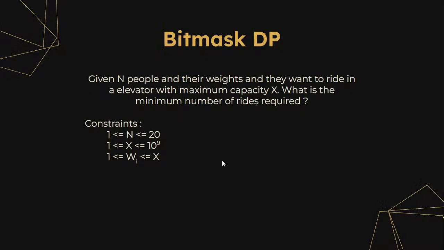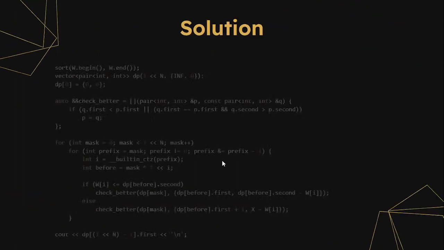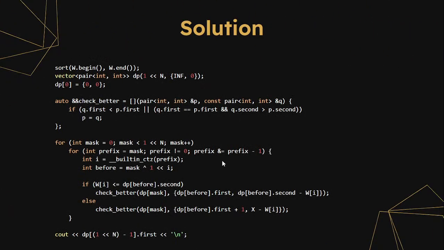Okay, so we have solved the problem using this way, and this is a solution. So you can see that I have stored for every possible bit mask the two things: minimum number of rides and what will be the maximum weight left in the last ride.